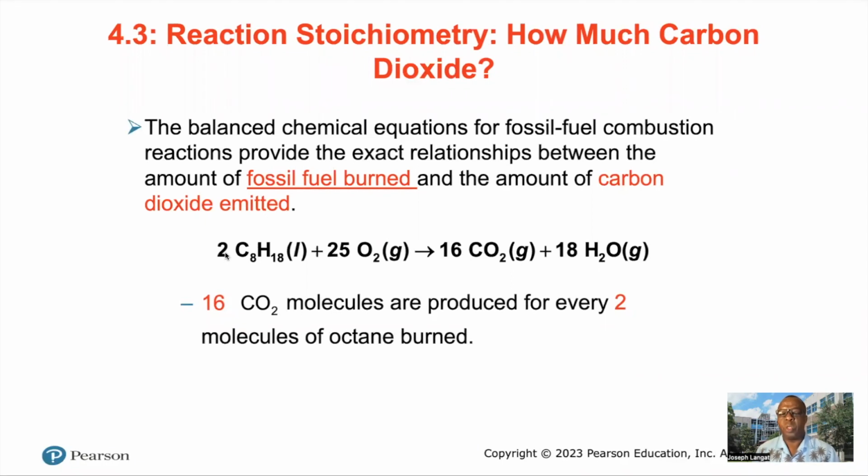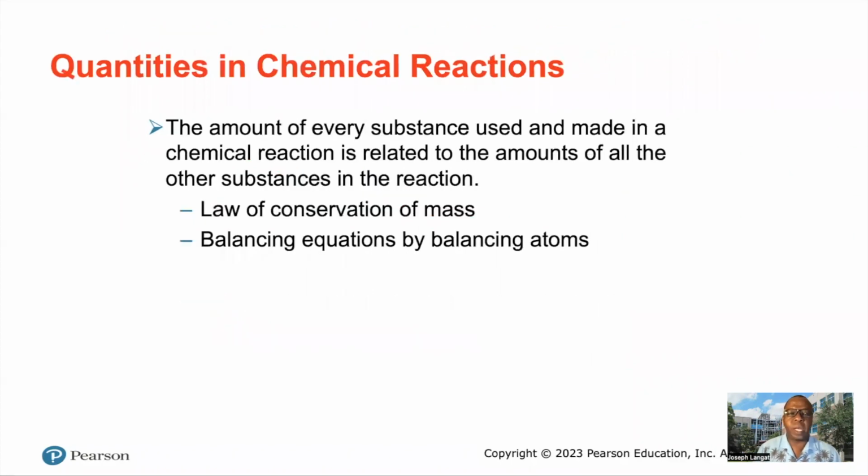If 2 produce 16, this is responsible for global warming. You can imagine if we had a lot, like in columns, it would be so much. So in a chemical reaction, every amount of substance used and made relates to the amount of all other substances in the reaction.